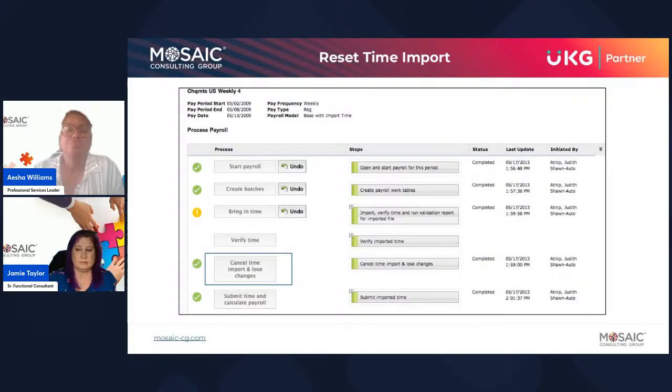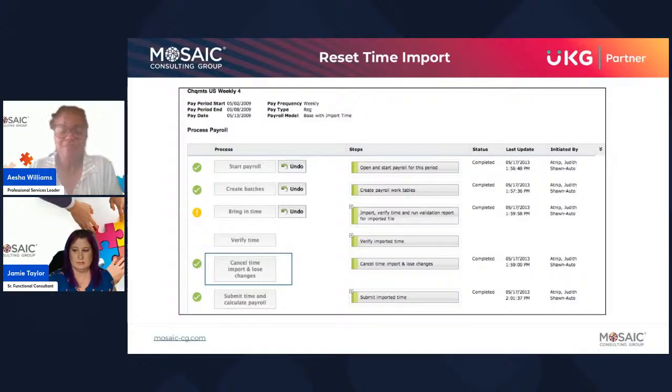So if you needed to reset, that's where that cancel time import and lose changes step comes in. And so the system will say, oh great, we just brought in time for WFM. Something looked funky, so the customer said, hey, let's cancel this. You can click that and it's super easy. You can click it and it'll cancel everything and bring you back to that bring in time step.